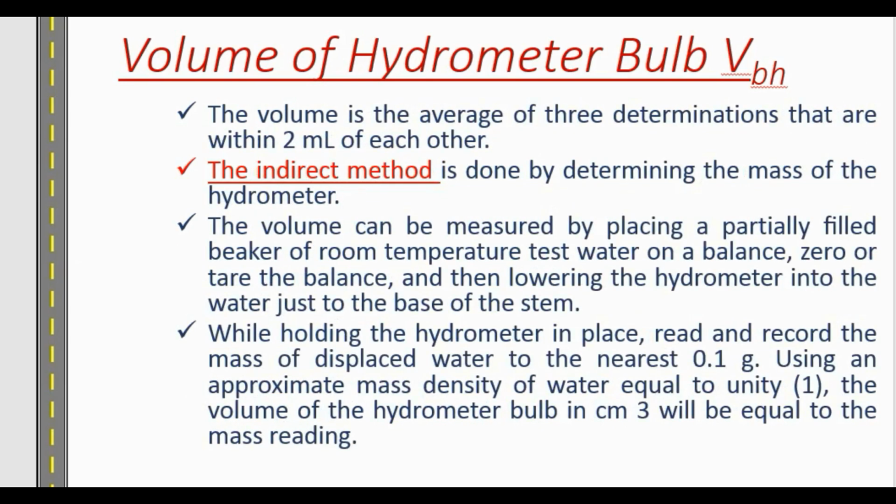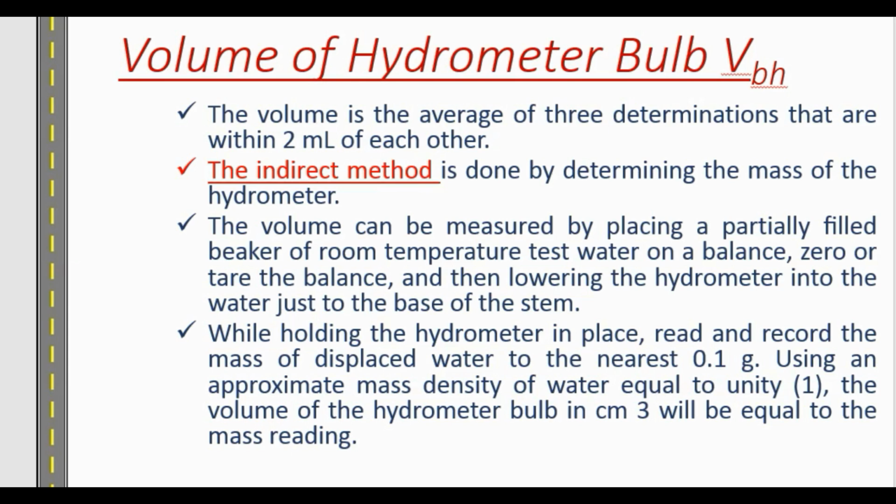Second is the indirect method. Normally the indirect method uses a measuring cylinder and a weight balance. We take the measuring cylinder filled with water and place it on the weight balance, having a least count of 0.1 gram. First we place the measuring cylinder filled with water on the balance and tare the reading to 0.